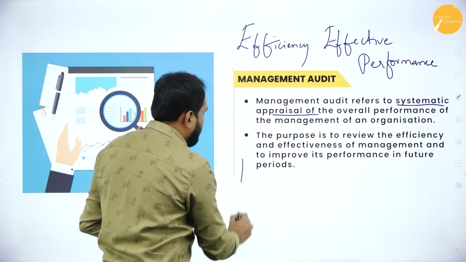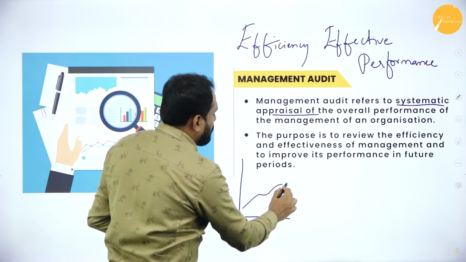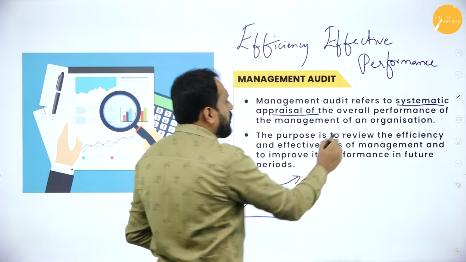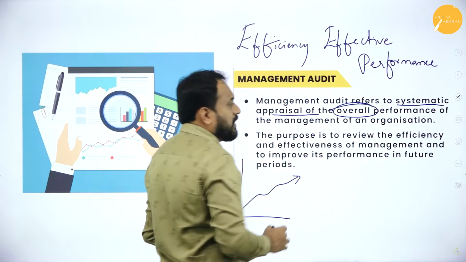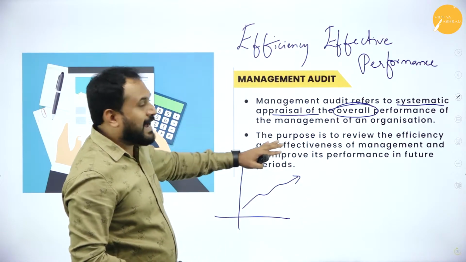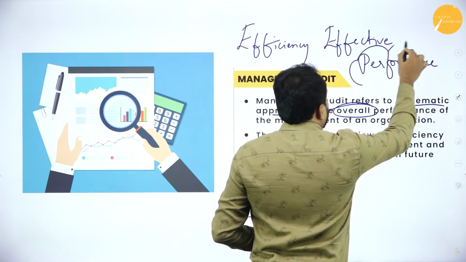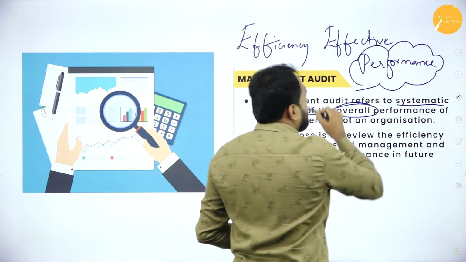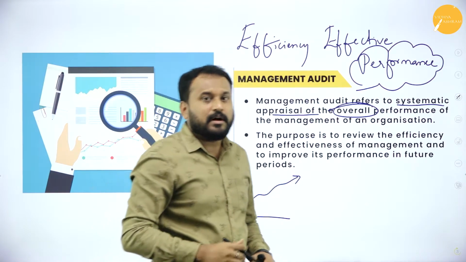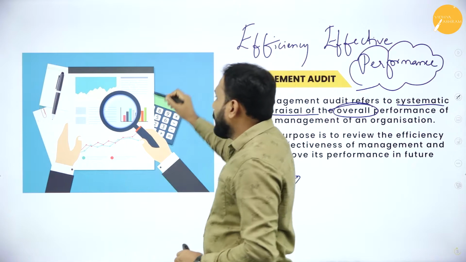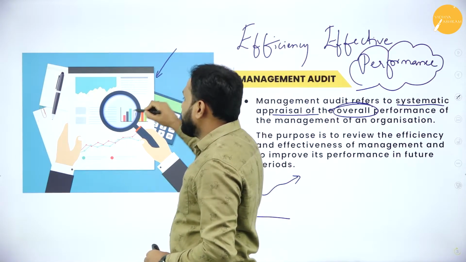Systematic appraisal. Whenever I say appraisal, it always goes high. Systematic appraisal of the overall performance of the management of an organization. Here we talk about performance, the performance of the management. Now understand, how will you get to know that management is doing good?